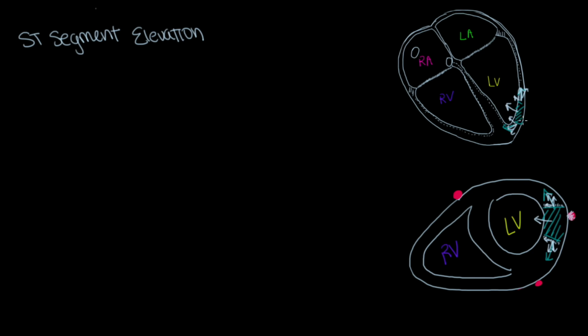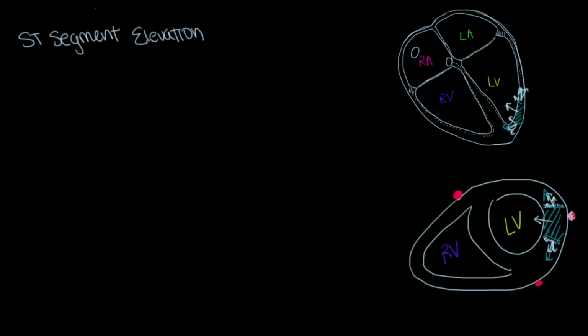Now you may recall that when we had just the subendocardial ischemia, the overall vector was moving in the other direction. So in the case of the whole transmural infarction, or any kind of ischemia that doesn't allow for proper repolarization of the whole transmural area, the vector goes in the opposite direction.